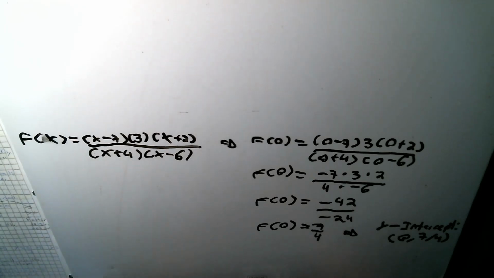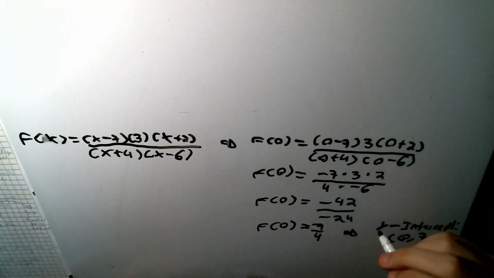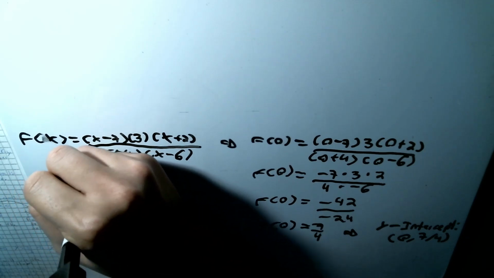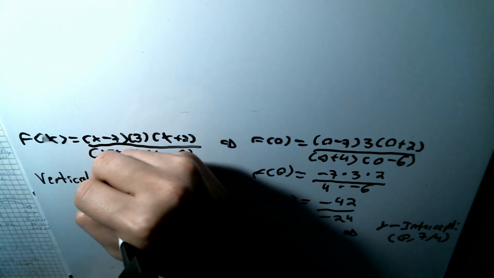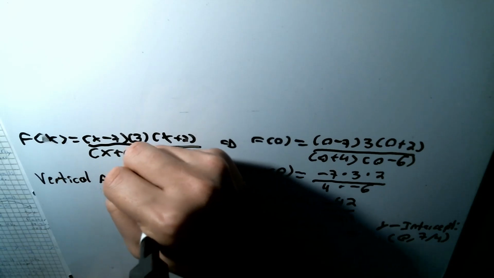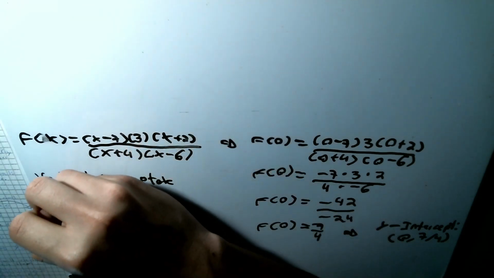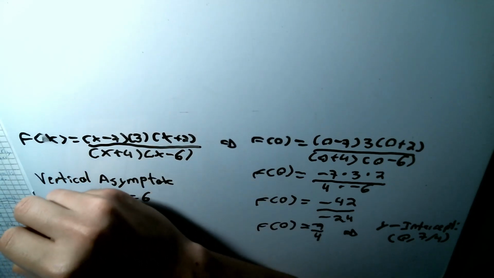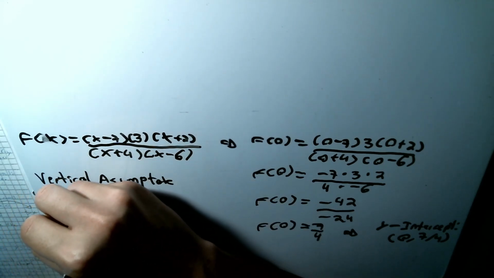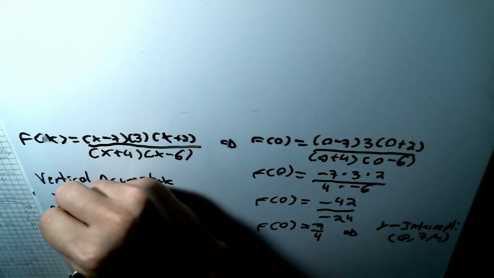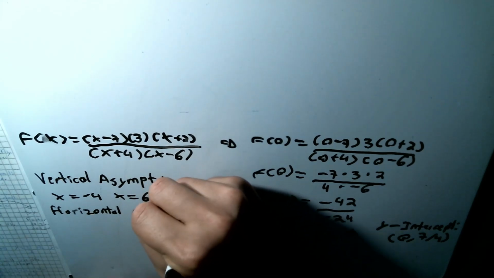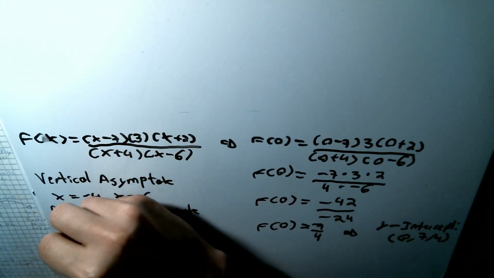Now we're going to write down all the values that we got, just to have it easier. So the vertical asymptotes are x equals minus 4 and x equals 6. The horizontal asymptote is y equals 3.